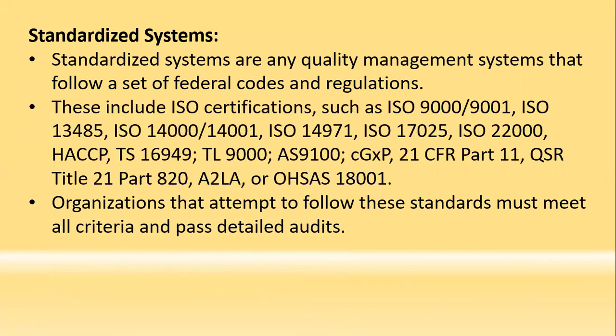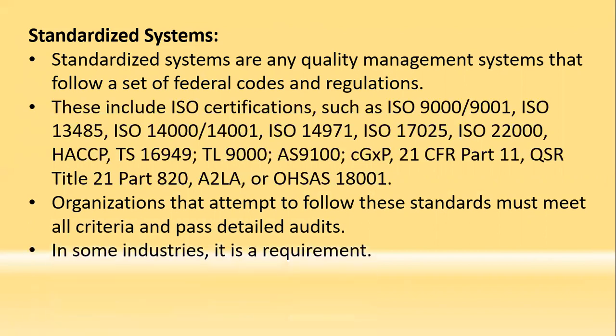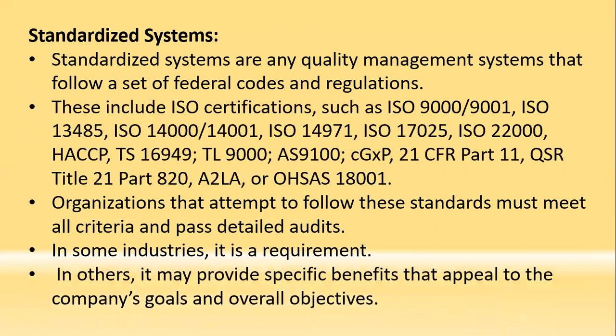Organizations that attempt to follow these standards must meet all criteria and pass detailed audits. In some industries, it is a requirement, but in others, it may provide specific benefits that appeal to the company's goals and overall objectives. Right? So whenever we want to buy any product, we always look at its brand, right?